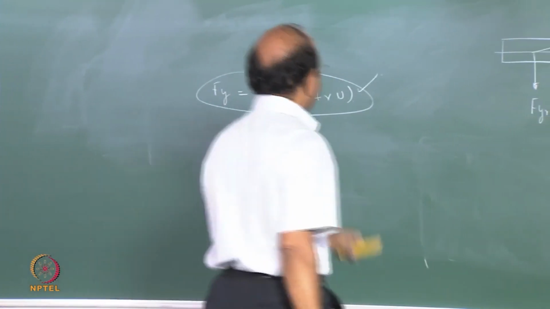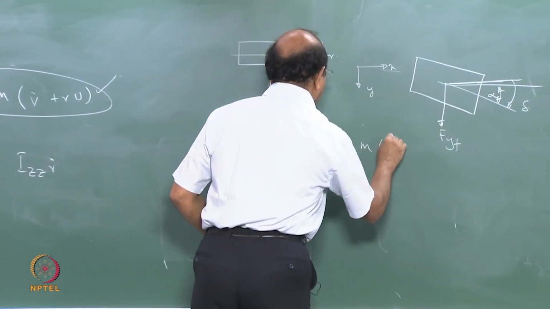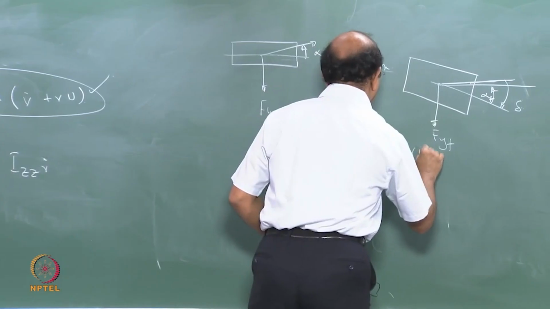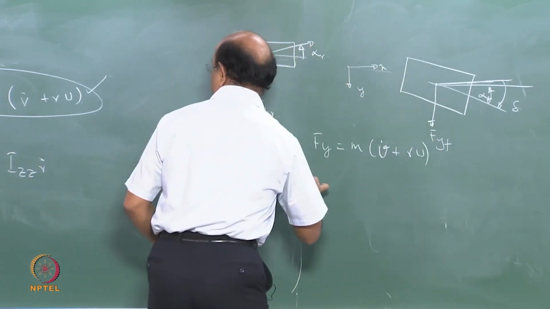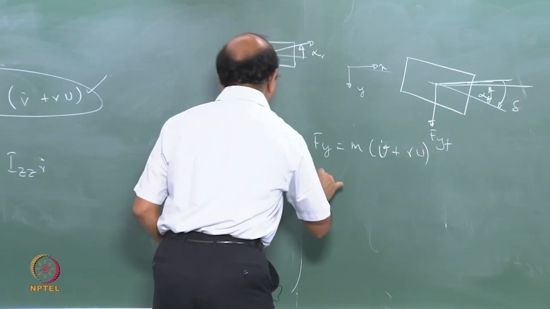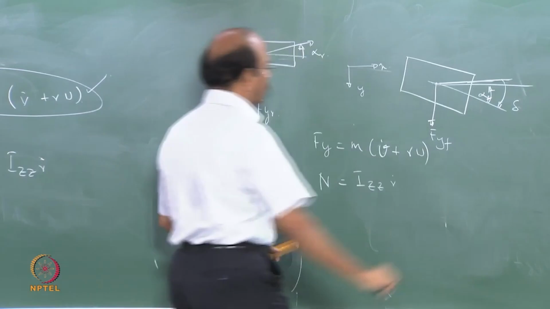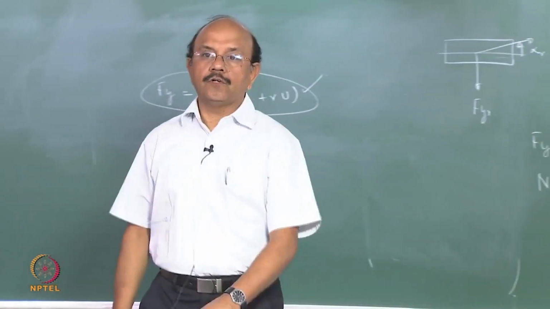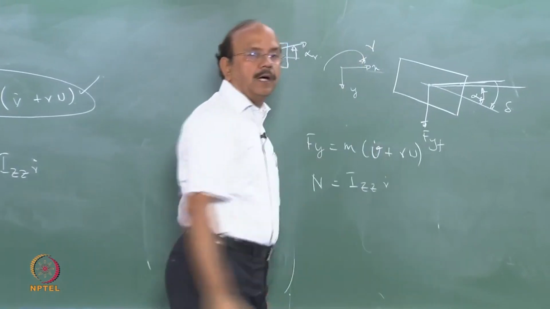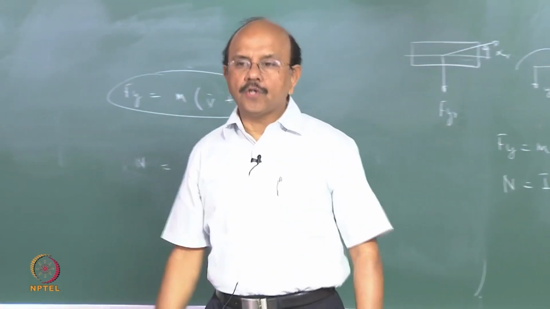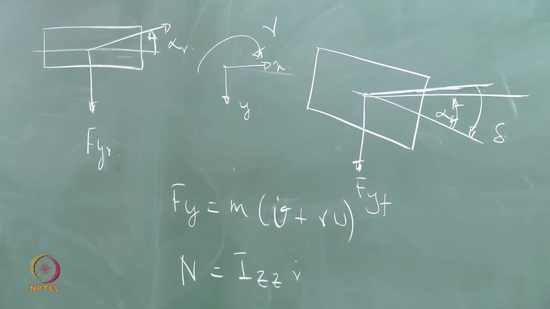Now, I have these two equations. And N is equal to r. What's r? That's r, which is the yaw velocity, and r dot is the rate of change of r.